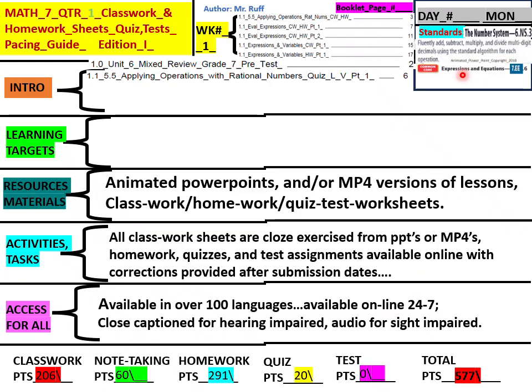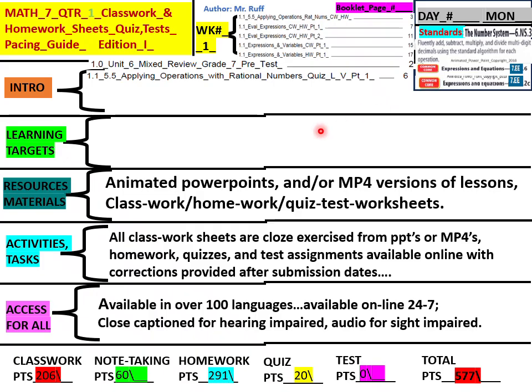Then we continue on with 7.EE, expressions and equations, 7.EE.6, and also 7.EE.2C. So those would be your Common Core standards for this week.